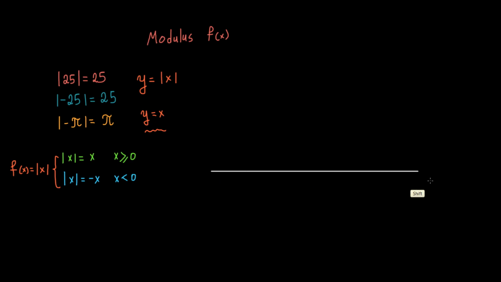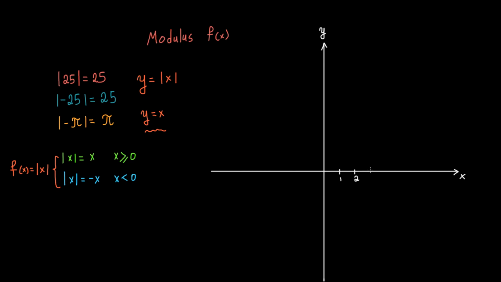I'll try to draw a very large graph. This would be y, or the function value, and this would be x, or the x value. We'll divide it, scale it.